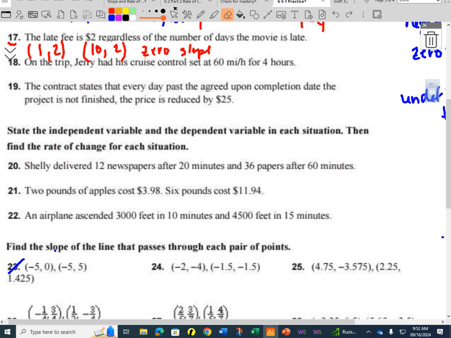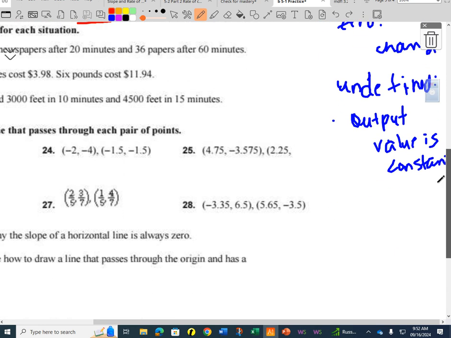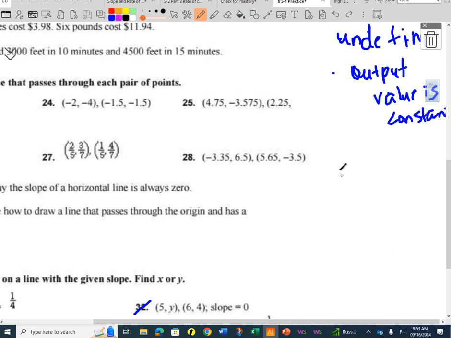All right, so now we're going to talk about independent and dependent variables. We talked about it a little bit before, so let's put it in our notes. Typically the independent variable is your X value, or the input. It does not depend on the output. Like in our other example, if you buy one ticket, the cost is $19.50.